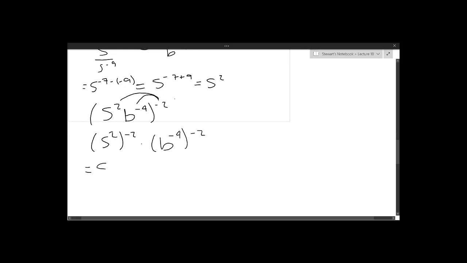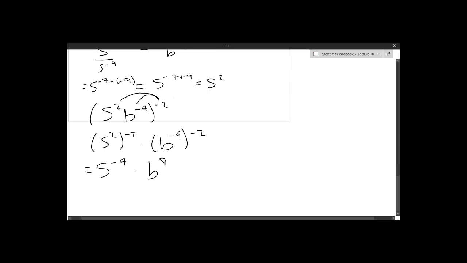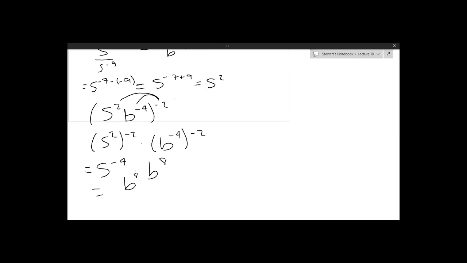So this is 5 to the -4th times b to the +8th, because -4 times -2 is +8. So then, if you wanted to make this final exponent positive, we'd have b to the 8th over 5 to the 4th, which is b to the 8th over 625. Either of these forms should be acceptable.